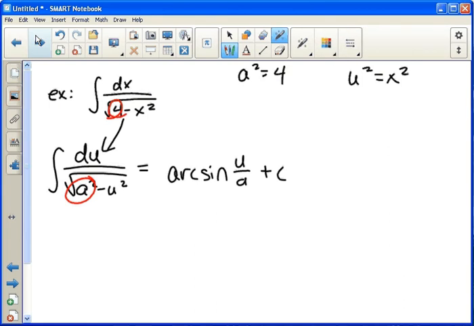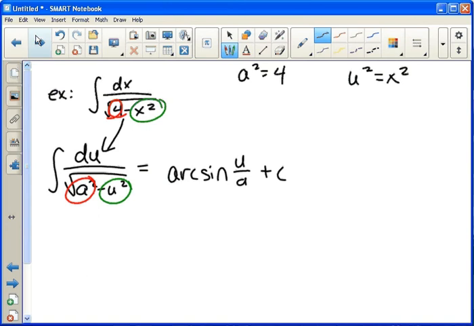The next step is to find a and u. So a is equal to 2, and u is equal to x. All I did there was take the square root. There was no derivative or integral. The square root of a squared is a, so the square root of 4 is 2, and the square root of u squared is u, so the square root of x squared is x.